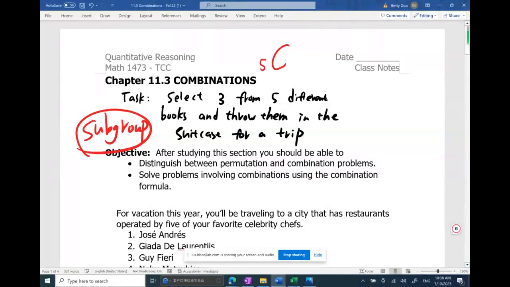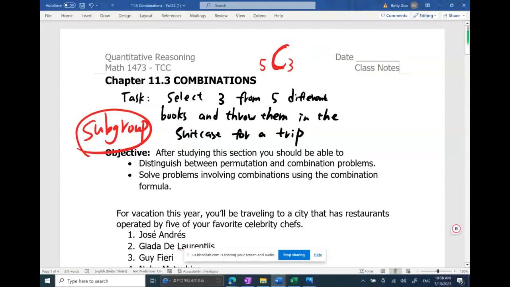We have C(5,3) different ways. C is the initial of combination, the capital letter C. If your task is to select 3 from the 5 items in total, then you have C(5,3) different options.